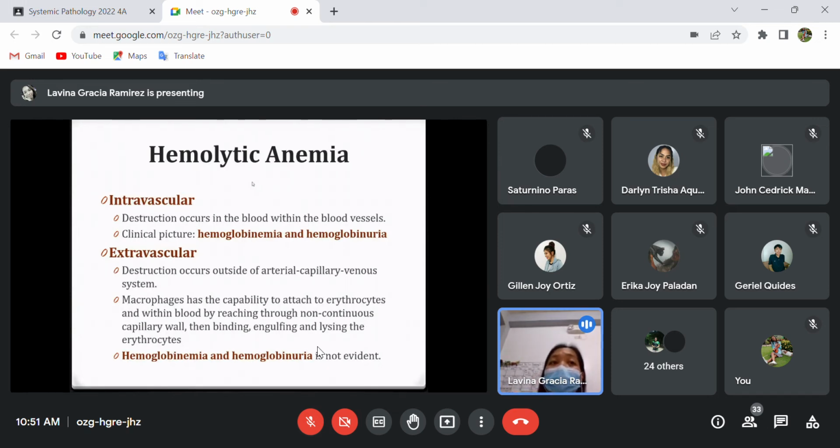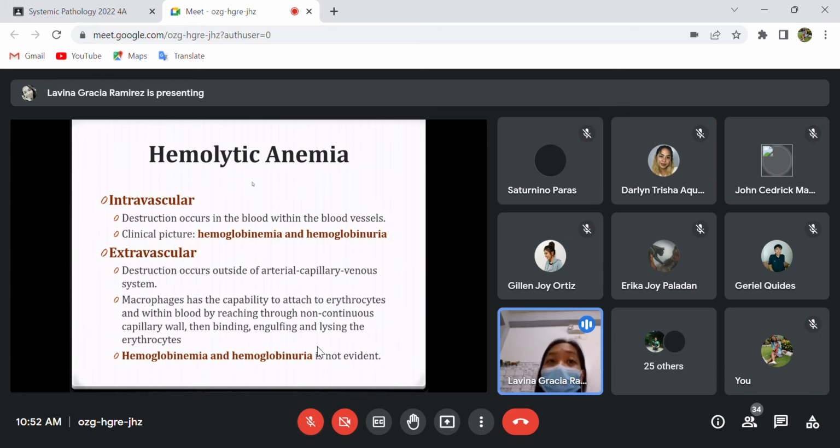Now, for extravascular, you will notice that there's no hemoglobinemia and hemoglobinuria reflected once evaluated. They are not evident. Why? Because the extravascular hemolysis happens outside the arterial capillary venous system, in the macrophages. Particularly, these are found in the extramedullary tissues. Ibig sabihin, sa spleen. So, the macrophage are the sole caretaker of that particular hemolysis.